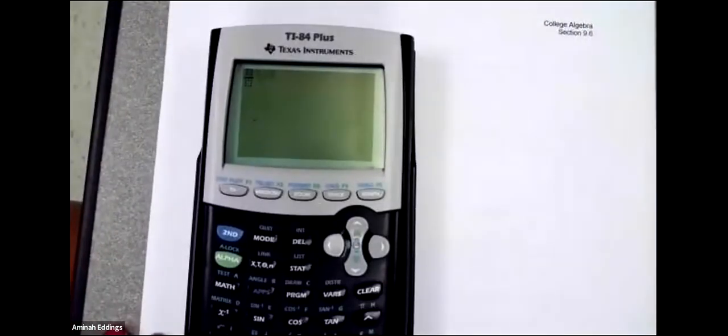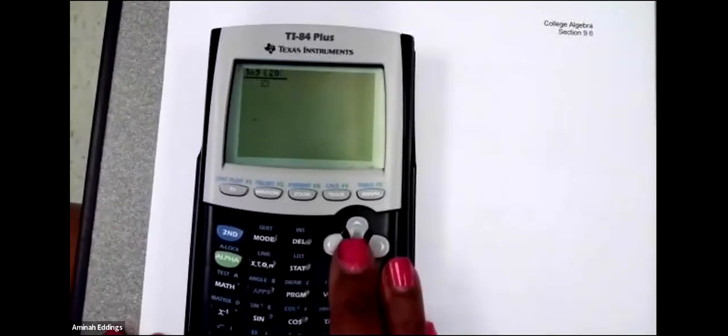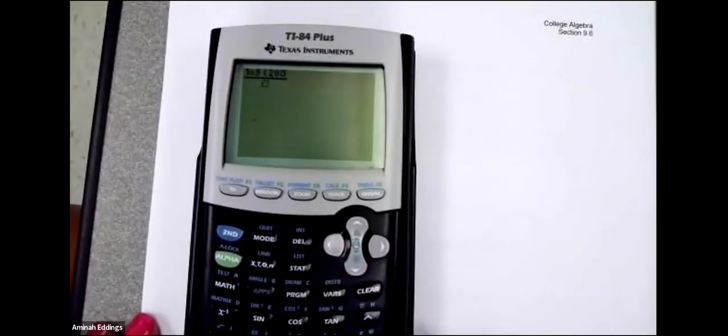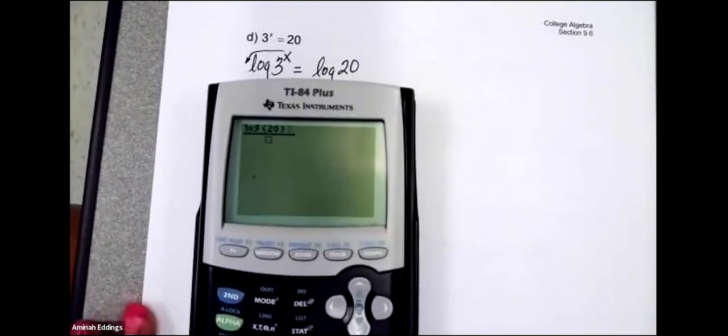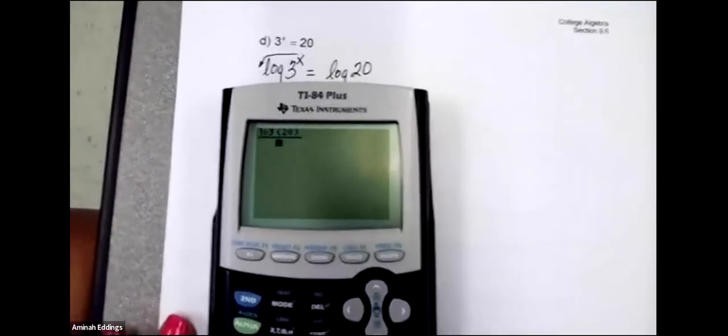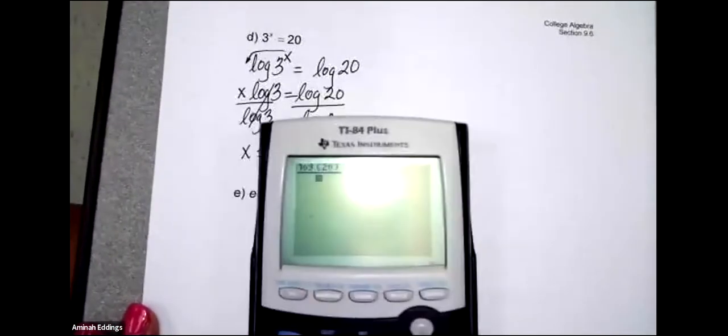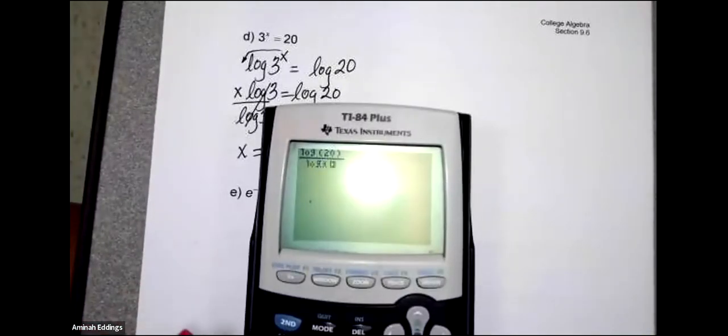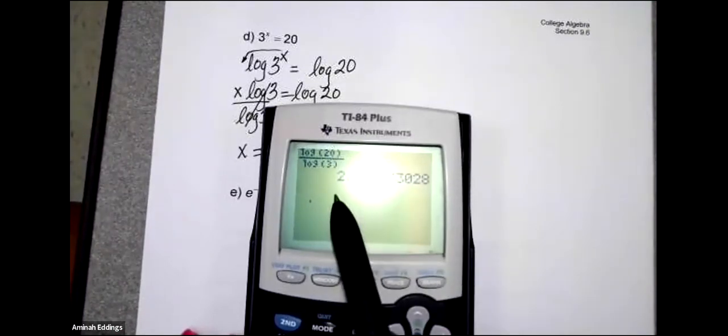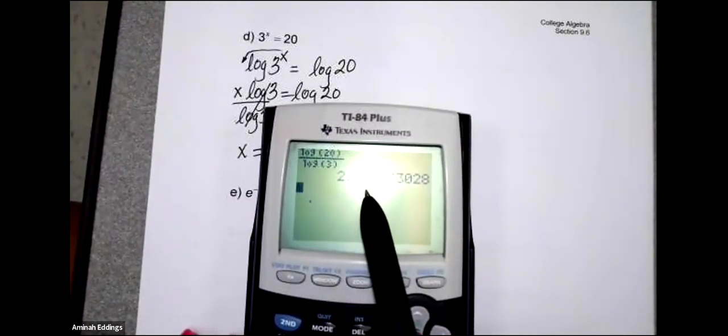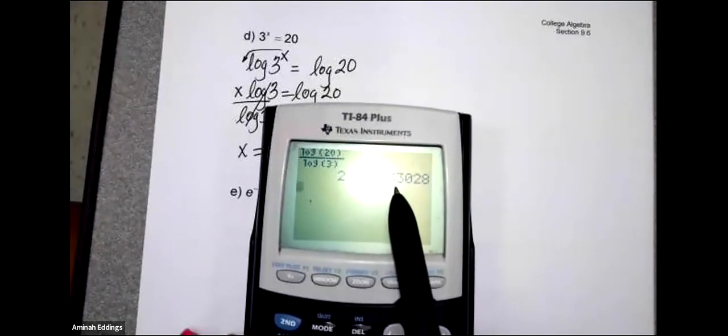And so we will do log 20 divided by log 3. So my answer would be 2 point, if I round to 4 decimal places. So 1, 2, 3, 4.